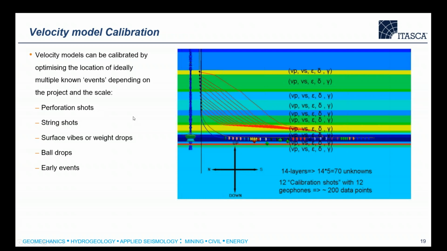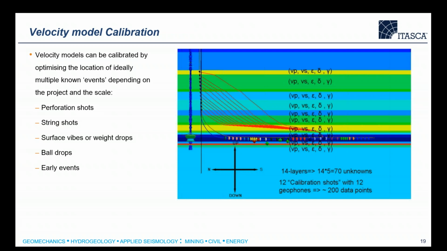String shots if we have a downhole well where we can put some loads. Ball drops if we are opening sleeves across horizontal wells. And in the absence of those, we can use an event for which we are pretty sure where it locates, and assume its location and calibrate our velocity model.